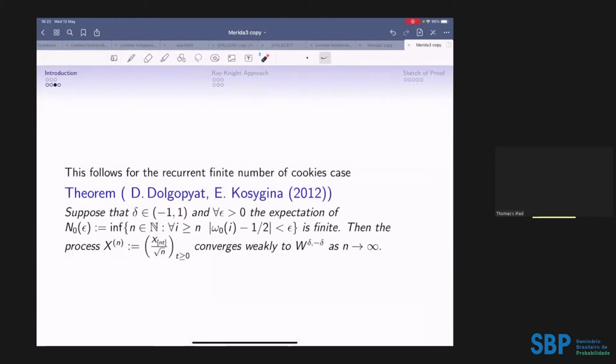You can see this in the case where you have a finite number of cookies, because, I'm not exactly proving this, but if you're away from the maxima, typically you've visited your sites quite a few times. If there are a few sites where you haven't visited them all that much, that's not such a big deal.